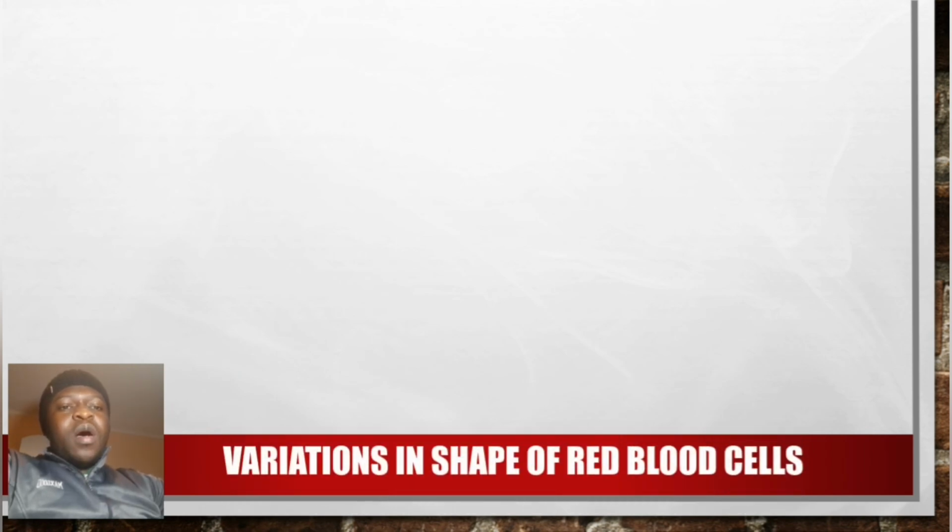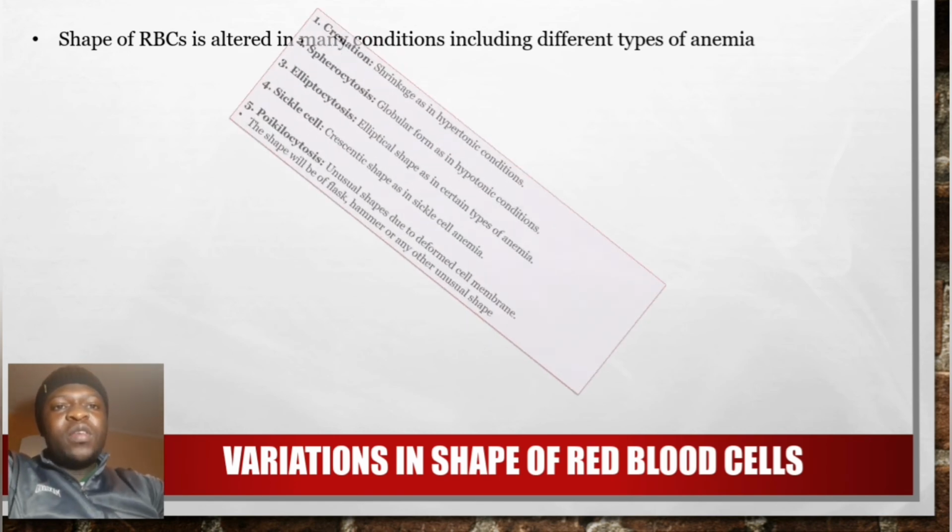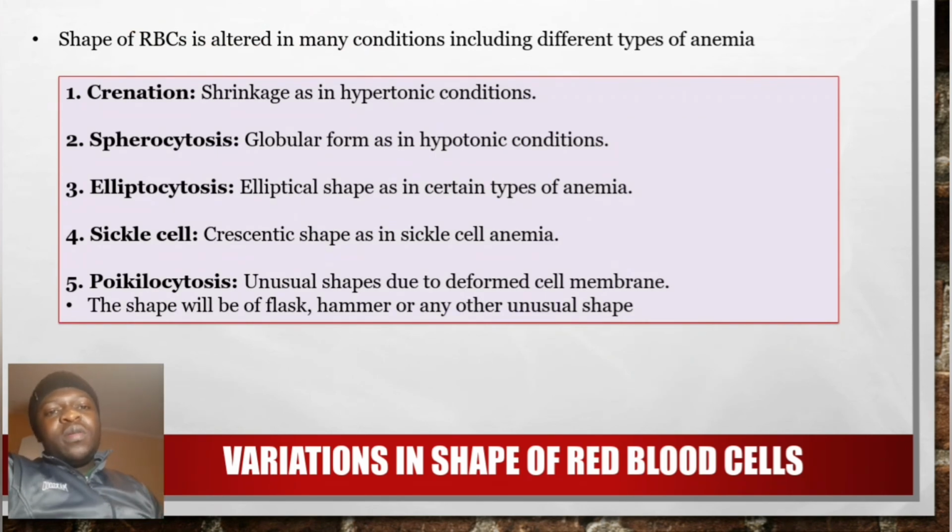The shape of RBCs is altered in many conditions, including different types of anemias, right? So in terms of variations in shape, these are the conditions. There is crenation. Crenation is shrinkage, as in hypertonic conditions. Spherocytosis, I mentioned it, is a globular form, as in hypotonic conditions.